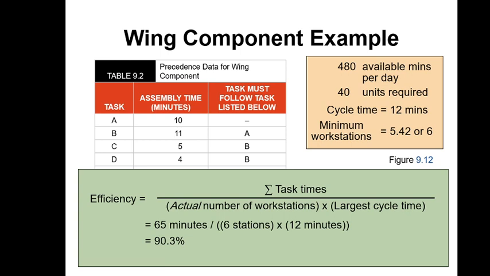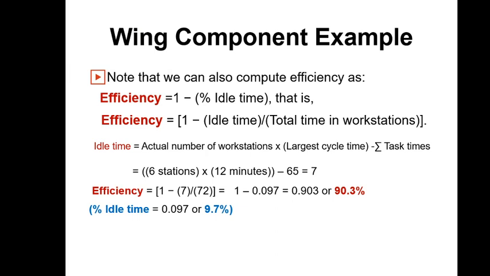So the efficiency of our assembly line for this component is 90.3%, which is of course a good percentage as an efficiency. If I ask you what is the percentage of our idle time, don't forget that our idle time was 7 minutes.